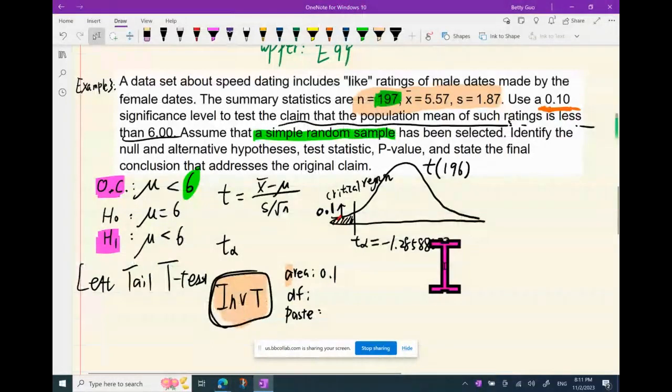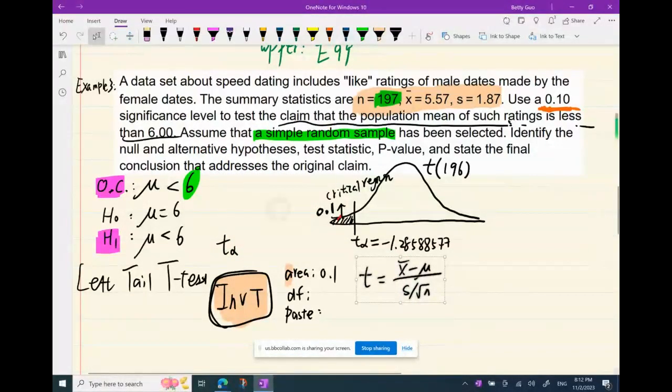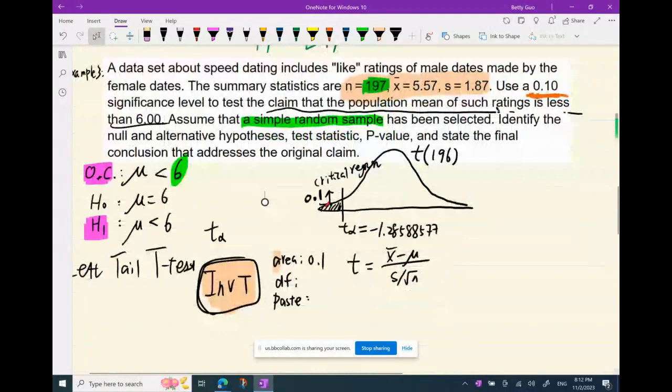Now let's find the test statistic. So test statistic. We're going to enter the values.